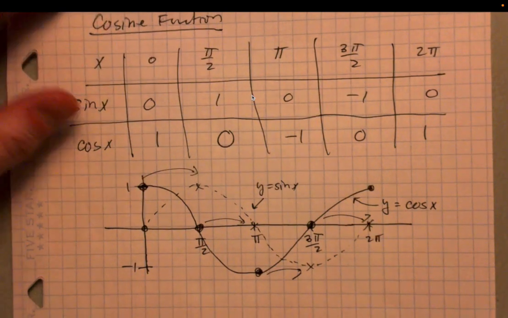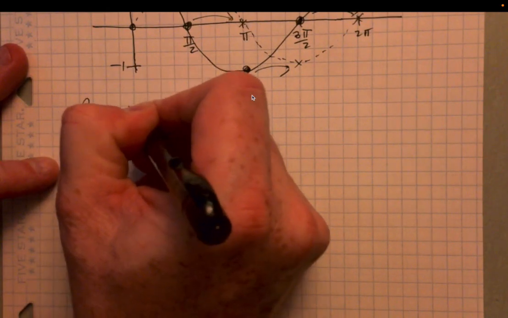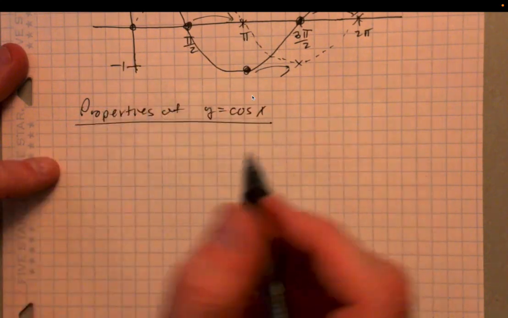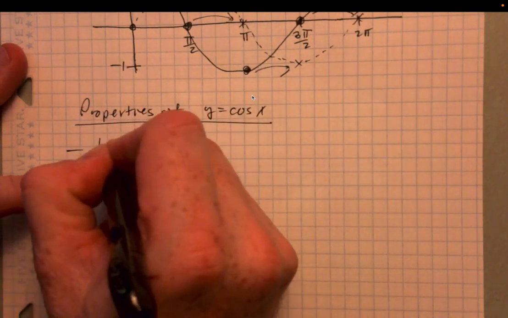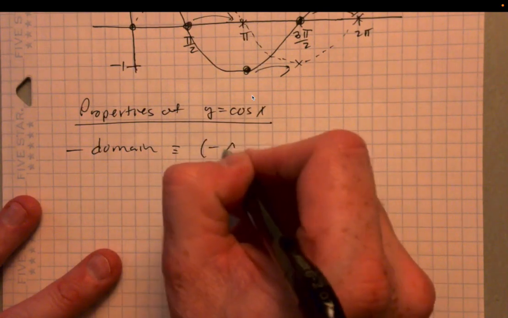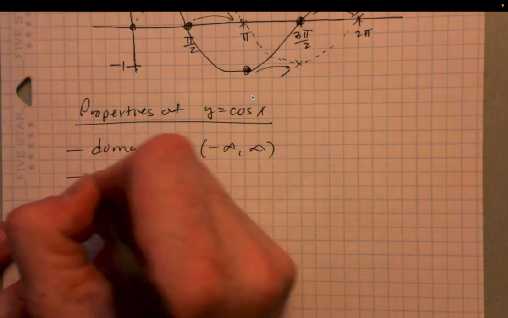What are the properties of the cosine function? Again, the base cosine function. Well, the domain, again, is all real numbers. Right? Cosine's another function that we can plug anything into. No restrictions. The range.